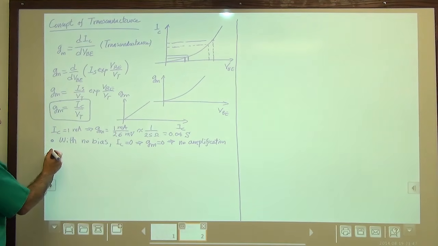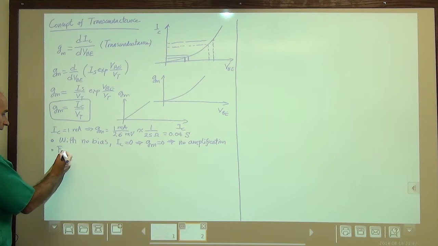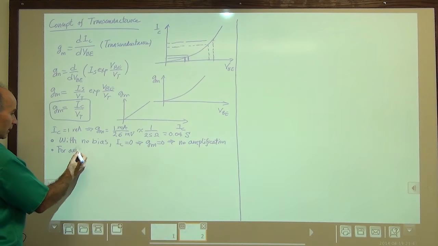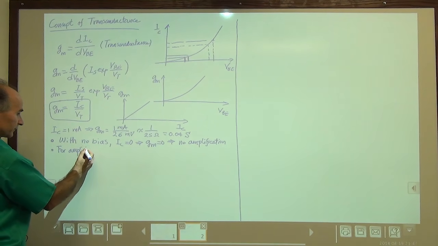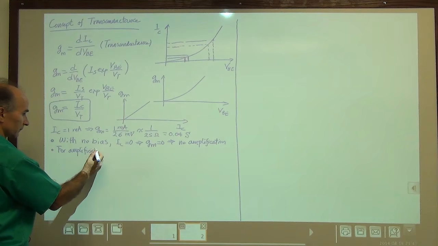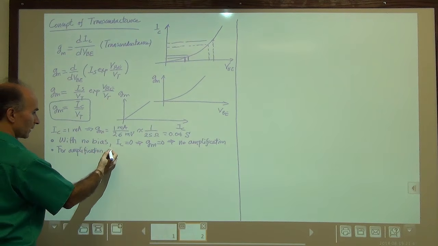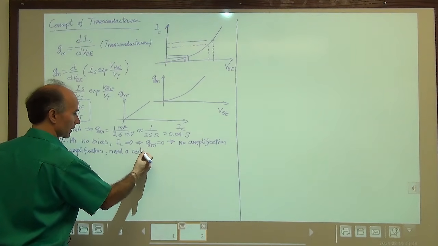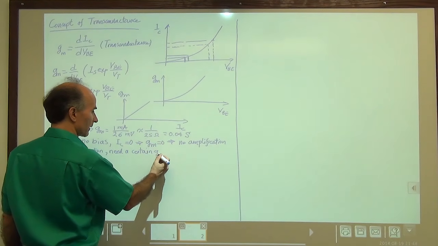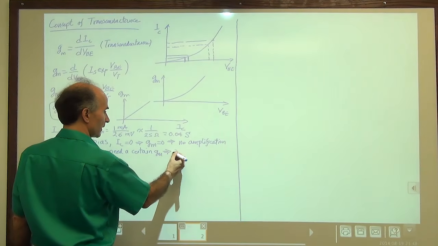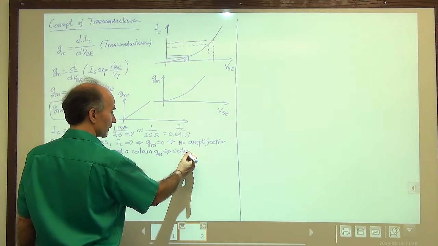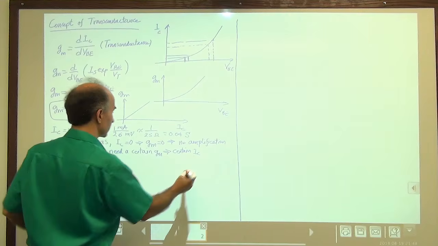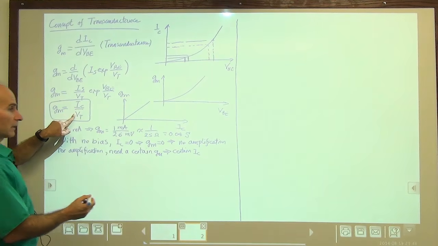So we say for amplification, we need a certain GM, which means we need a certain IC because this is related to it.